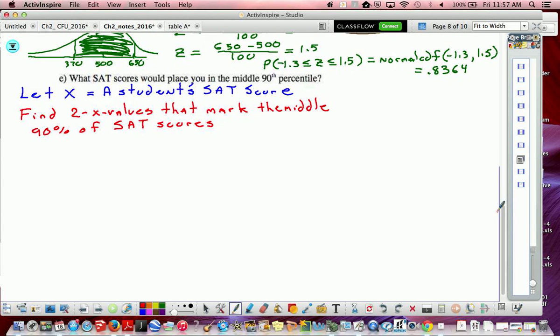So what I'm going to do is put the drawing here in my plan. Here's my normal curve.